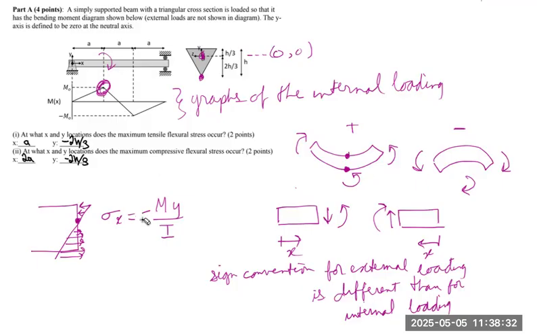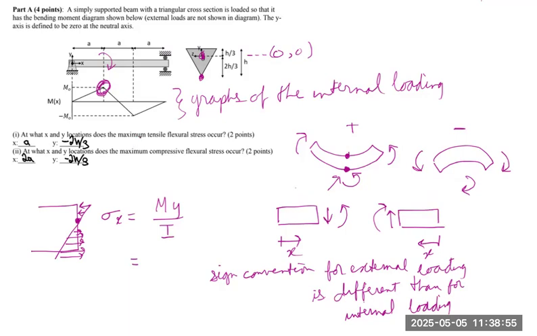Over here, I would usually remove the negative sign first and get the sign convention from logic and intuition of how the beam is bending. As we see over here, since we have an internal counterclockwise moment, the beam is going to be in tension at this lower point over here.